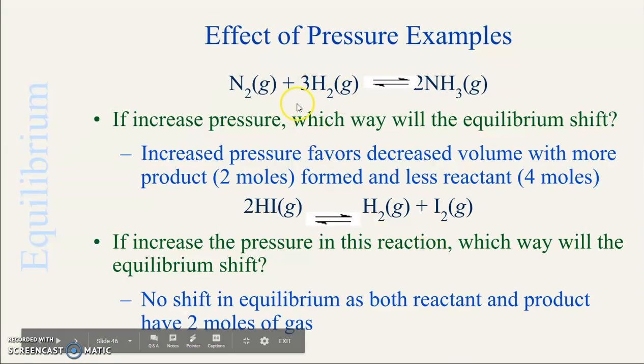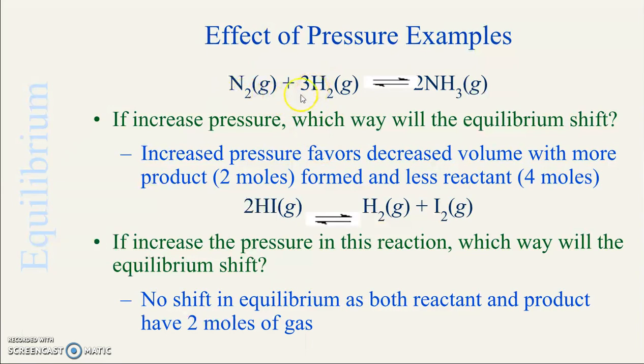So in this case right here, we have 4 moles of gas on the reactant side, and we have 2 moles of gas on the product side. So if I increase the pressure, which way will the equilibrium shift? Well, increasing the pressure favors a decrease in volume. So if I put more pressure on it, it's going to shift to the side with fewer moles.